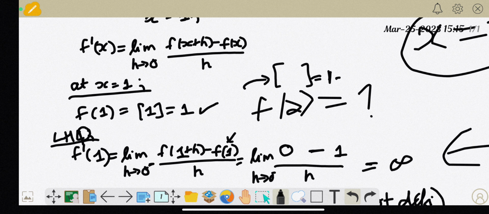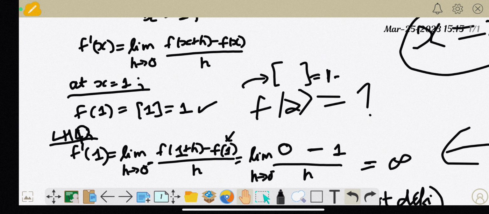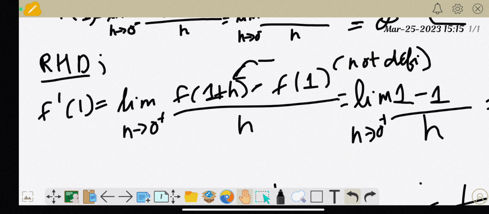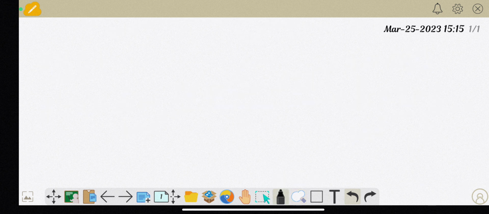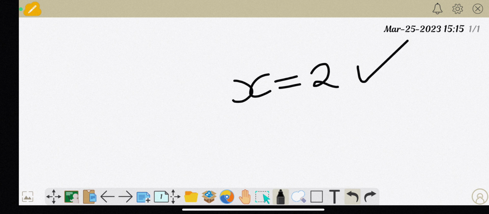Once you get f of 2, just substitute those in the limits definition, solve it, and you'll get your answer. Even that will not be differentiable. So for x equal to 2, you have to try it. Okay, is it fine?